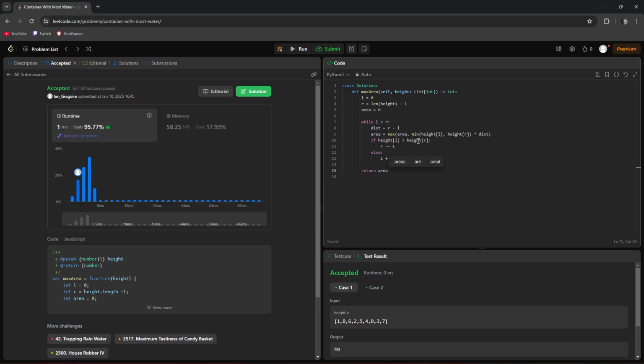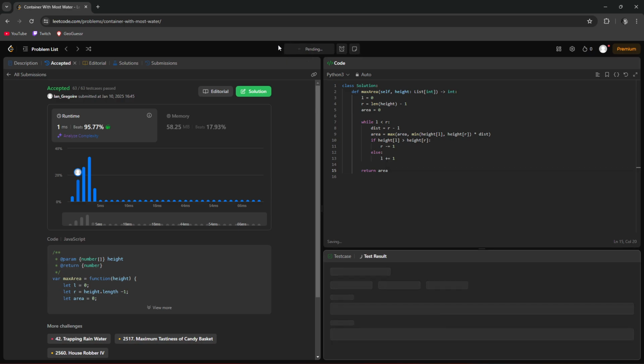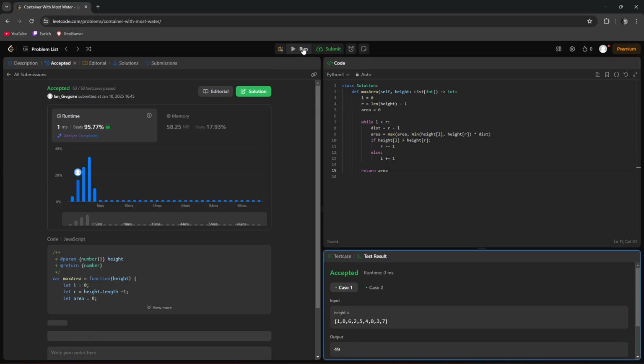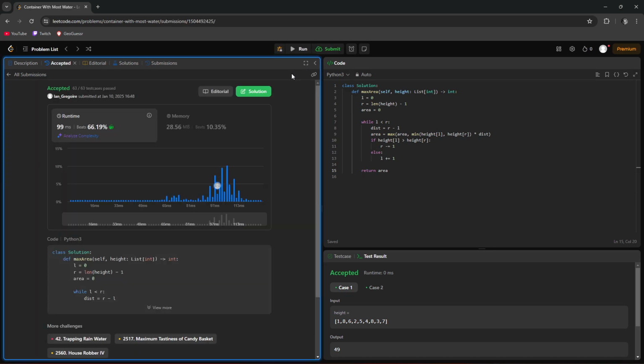Return area. Nice. And that's the same. Interesting. And I don't know how you improve memory, but we got 11 completed.